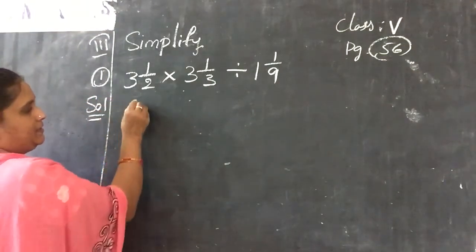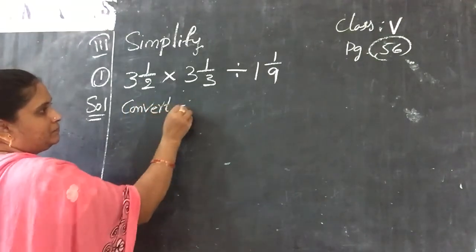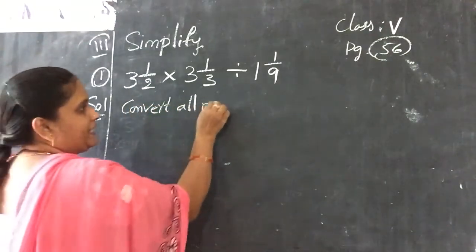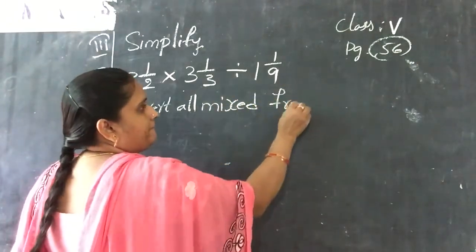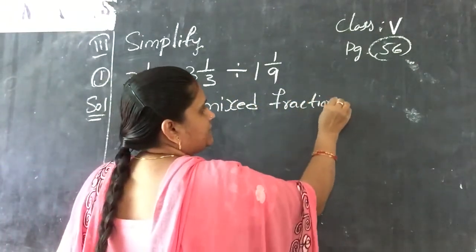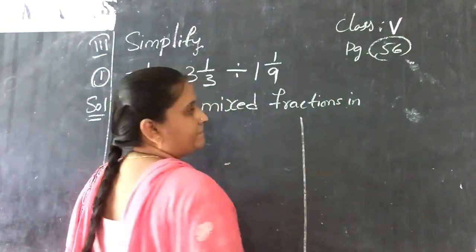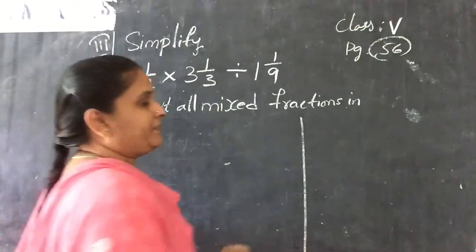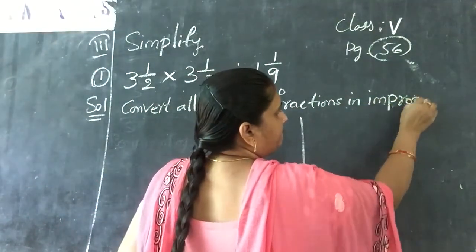Solution. Convert all mixed fractions into improper fractions.